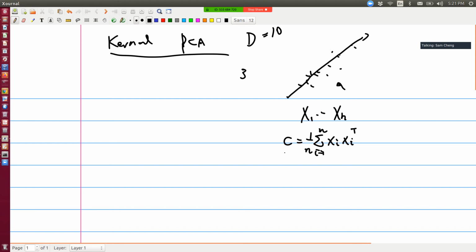Then if I decompose this with eigenvalue decomposition, namely CVi equals lambda i Vi, then I can sort the eigenvalues. Then the eigenvector with the highest eigenvalue will be the first principal component, and the next eigenvector with the second highest eigenvalue will be the second principal component, and so on. So this is PCA.